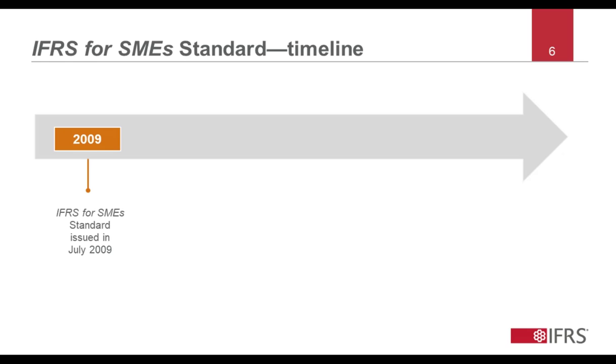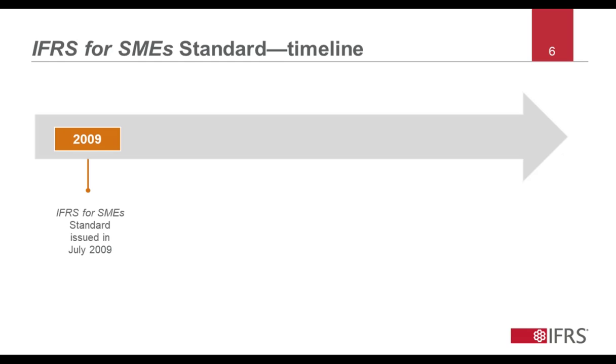Let's move on and look at how the standard has developed over time. The IFRS Foundation first supported the IASB's effort to develop a standard for SMEs and emerging markets back in 2002. And then in 2004, the board issued the first discussion paper inviting comments on whether the board should develop an SME standard and what that standard should look like.